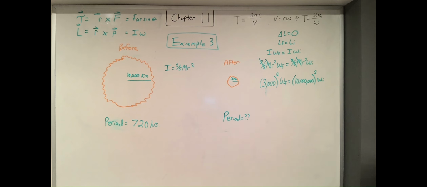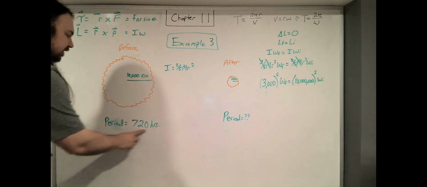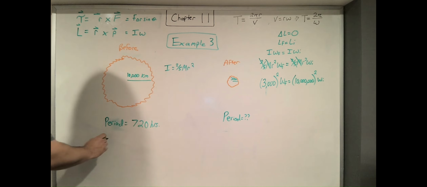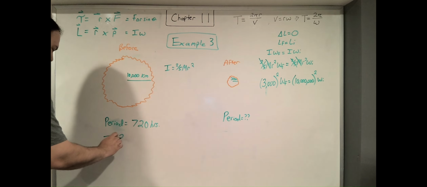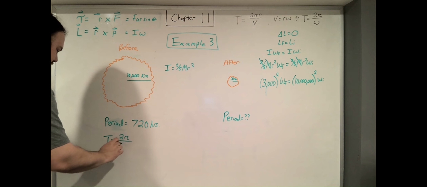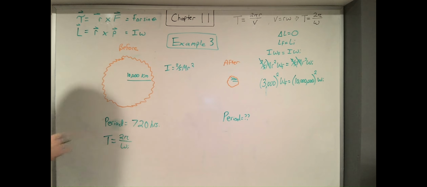If the period is equal to 2 pi over omega, I can use this period in that equation. I'll just have T is equal to 2 pi over omega I. So that's where I'm going to get my omega I from. But the period isn't in the right units, is it? So for period, I'm going to have to change that over to seconds.